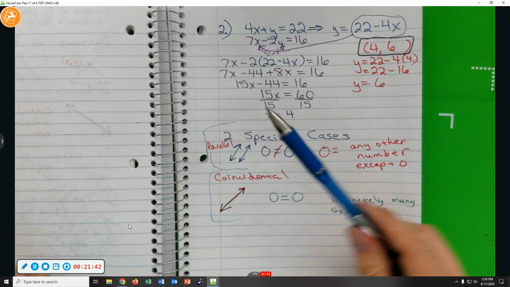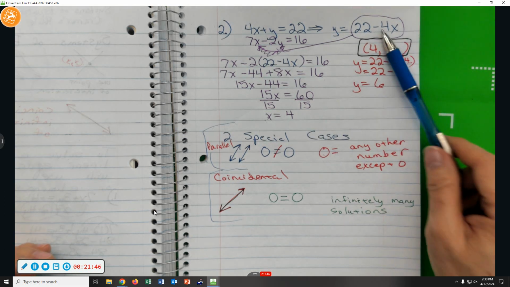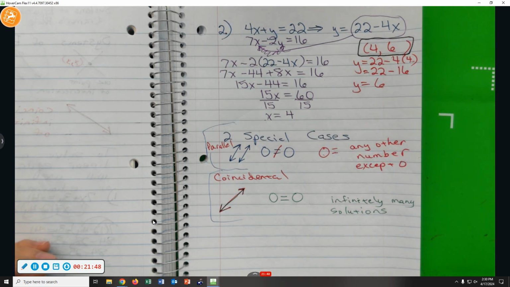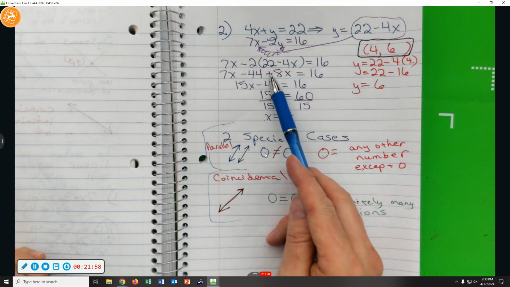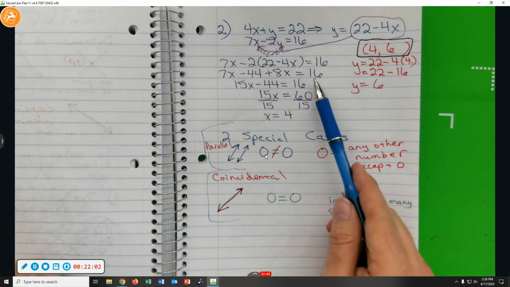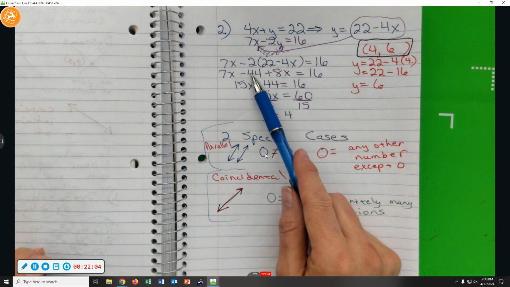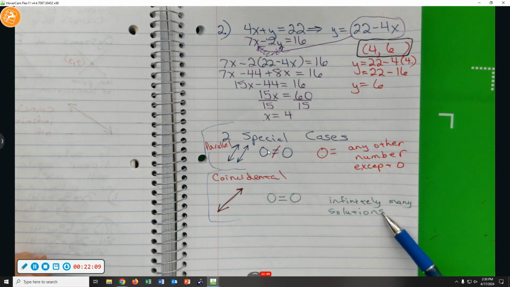Okay, if you're able to get a variable equals a number, then that's when you have the 1 point of intersection, which is the most common situation. So if it's a special case, it would have to be a 0. You'd have to have something like a negative 8x plus 8x. It goes to 0x. And then on the other side, collect all the other numbers. If it's a 0, infinitely many solutions.